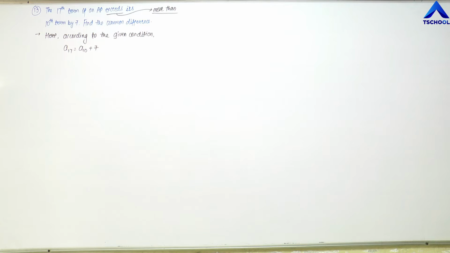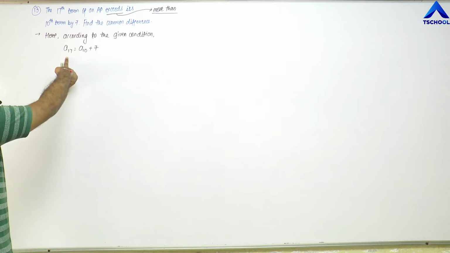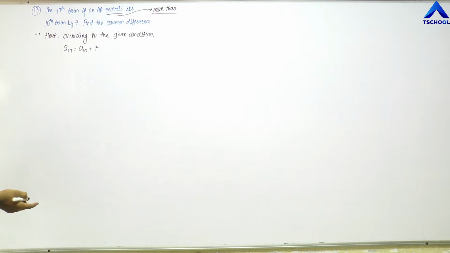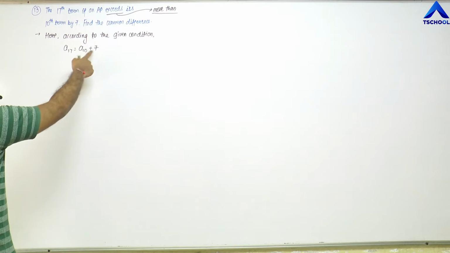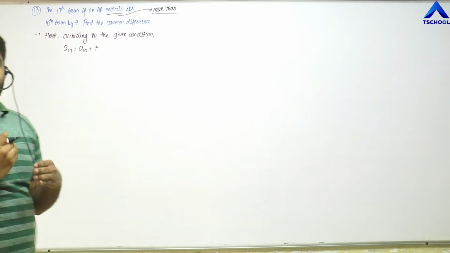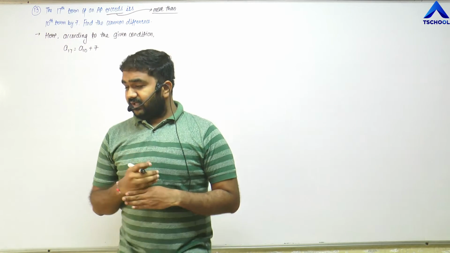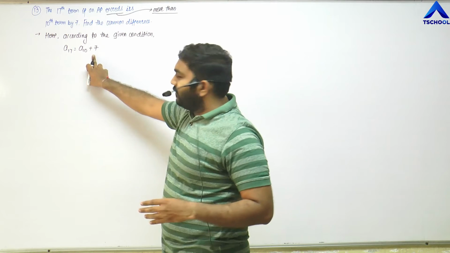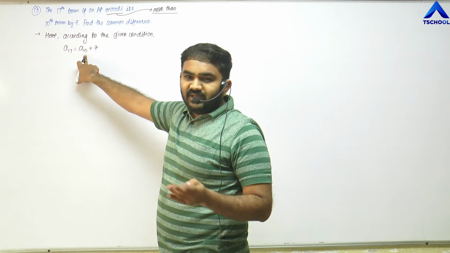Yes or no? A17 is equal to A10 plus 7. Now understand, the 17th term, that is A17, exceeds, that is more than, the 10th term by 7. That means the 17th term is 7 more than the 10th term, A10. 7 more than means plus 7.